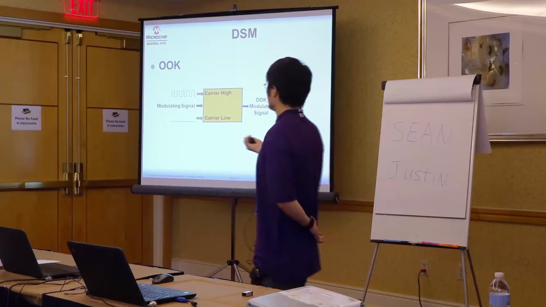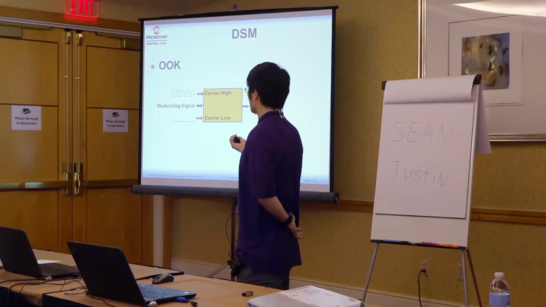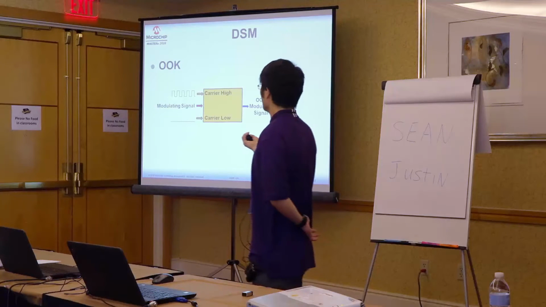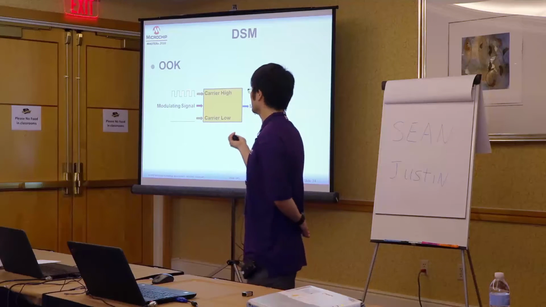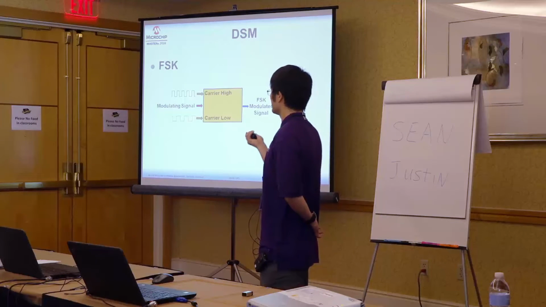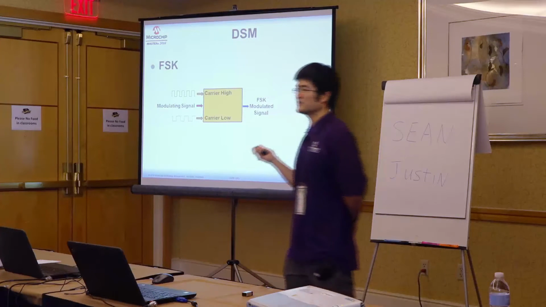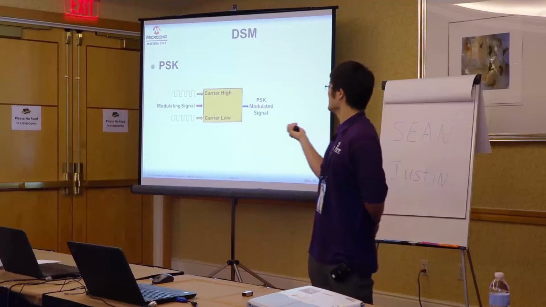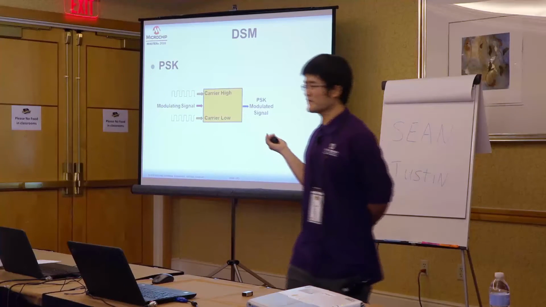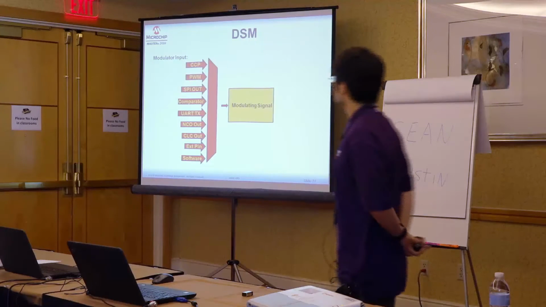Again, you just feed different frequencies for your carrier high and low, and get your modulating signal, and you get your output. If I use a frequency and a DC, I get OOK. I can do FSK with 2 different frequency carriers, and I can do PSK with the same frequency carrier, but with 180 degrees phase shift, right?